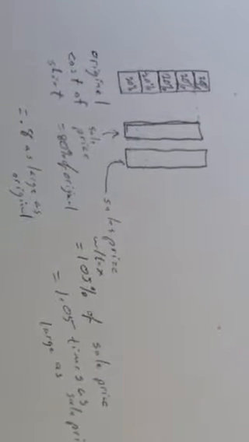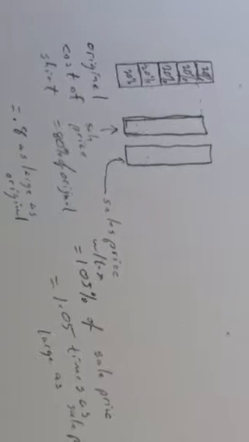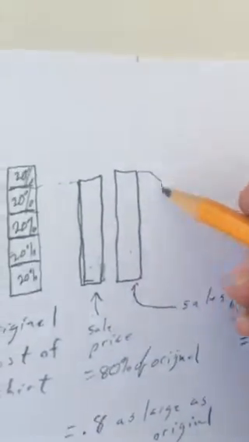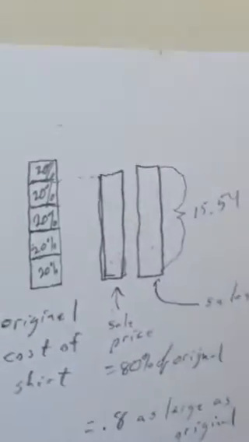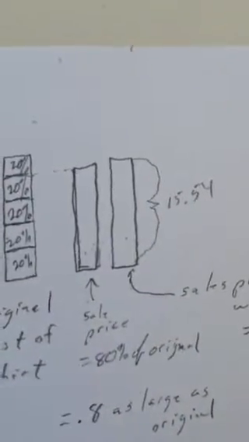All right, well now we can go ahead and put in some numbers here, because I happen to know that the sales price with tax is $15.54. So in other words, this part right here is $15.54. Okay?